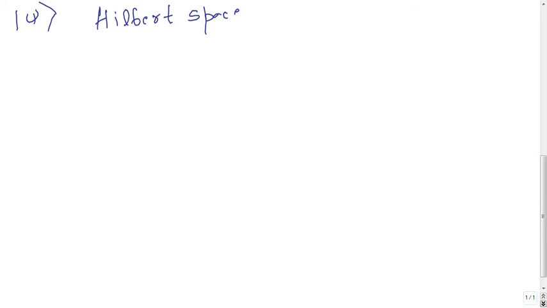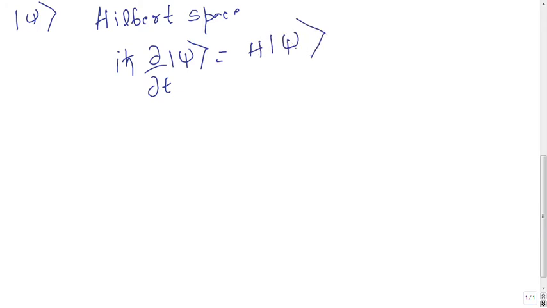So the evolution equation of this state vector is given by this equation, i h bar del t of this ket xi equal to H of xi.